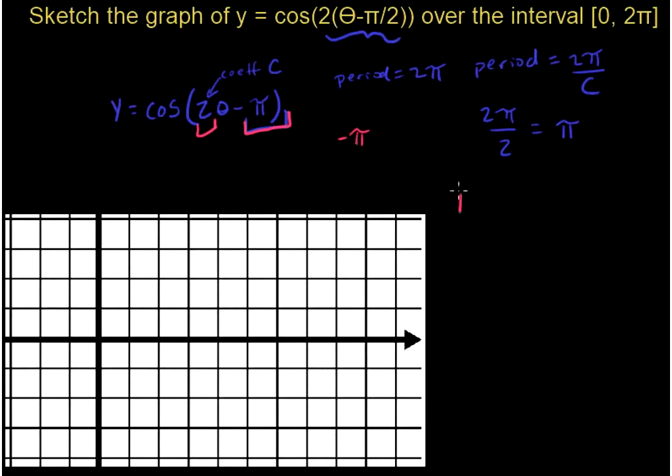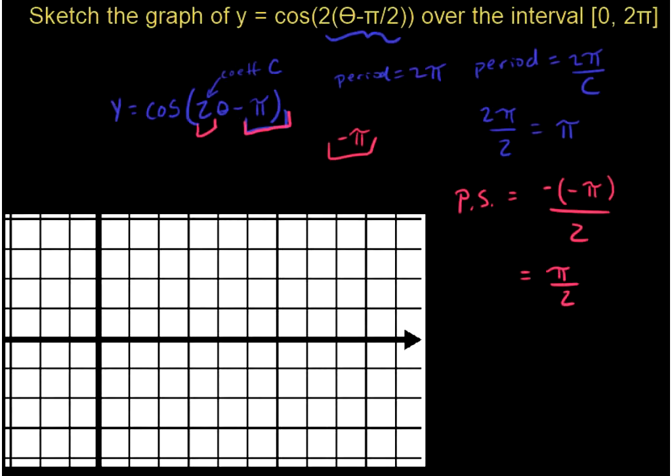Your phase shift equals the opposite of whatever this is, so negative pi, and then you divide it by that coefficient, 2. So our phase shift equals just positive pi over 2. Okay, so that's all the information we need to start graphing.